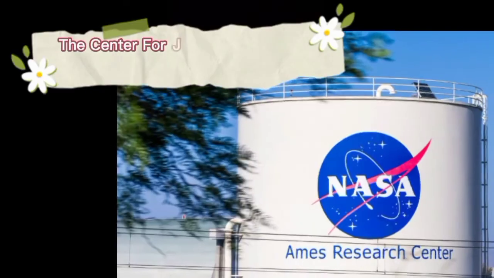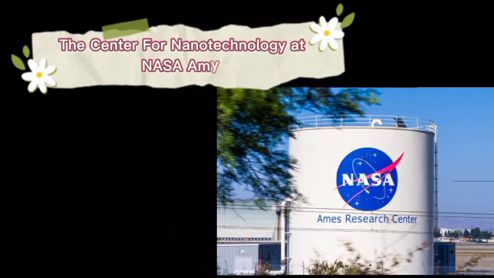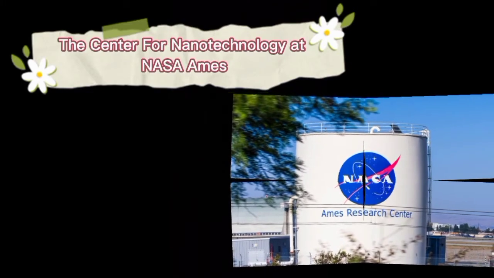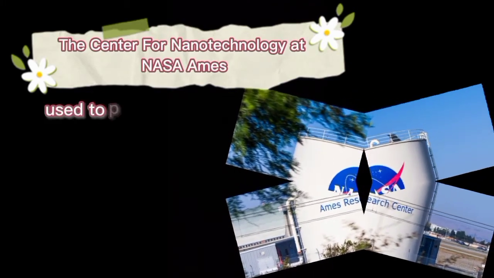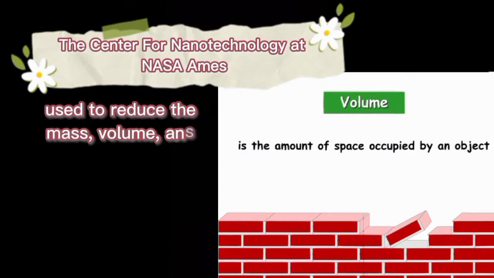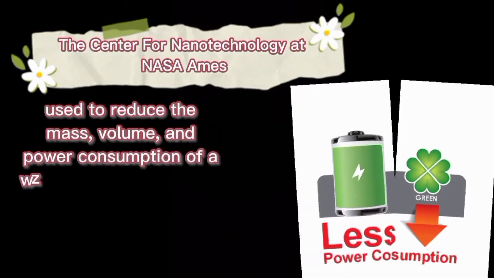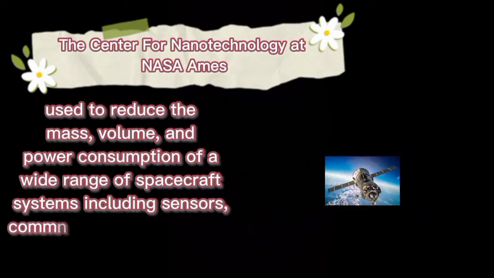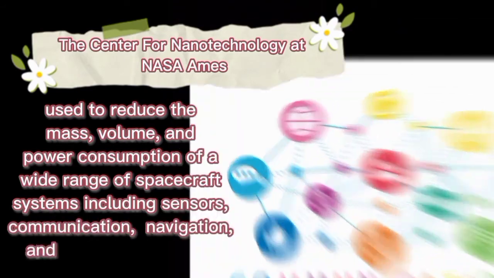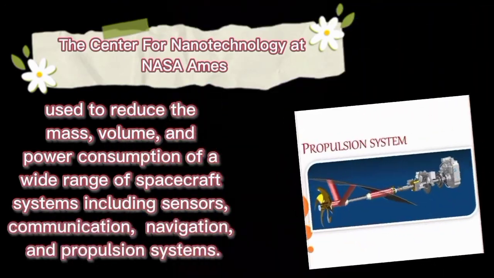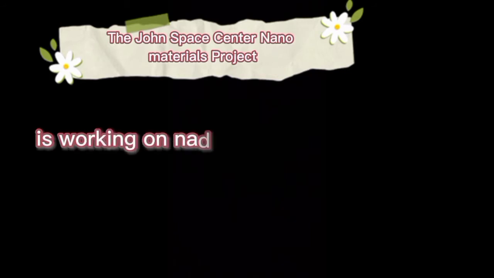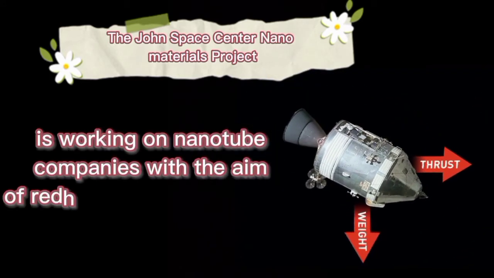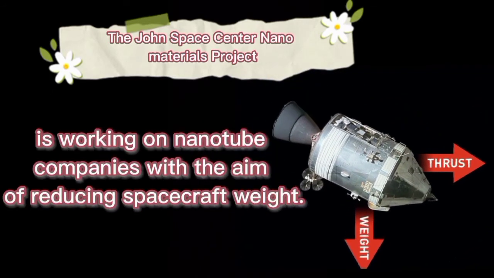The Center for Nanotechnology at NASA Ames is looking at how nanotechnology can be used to reduce the mass, volume, and power consumption of a wide range of spacecraft systems, including sensors, communication, navigation, and propulsion systems. The Chan Space Center Nanomaterials Project is working on nanotube composites with the aim of reducing spacecraft weight.